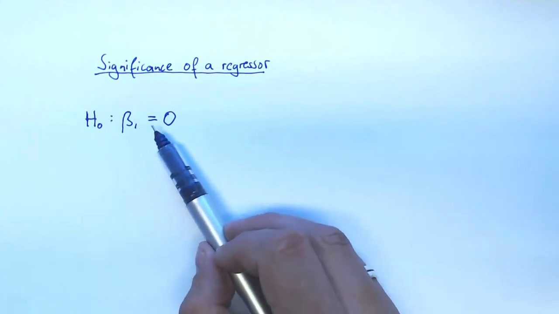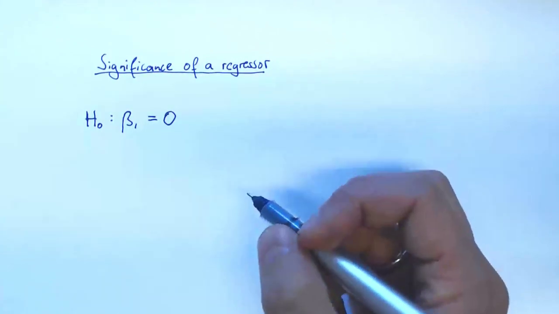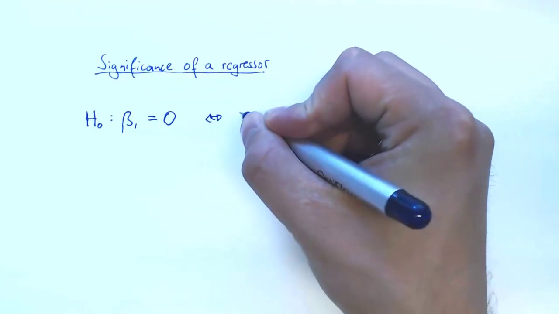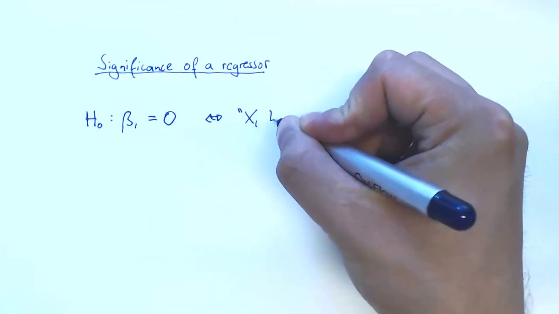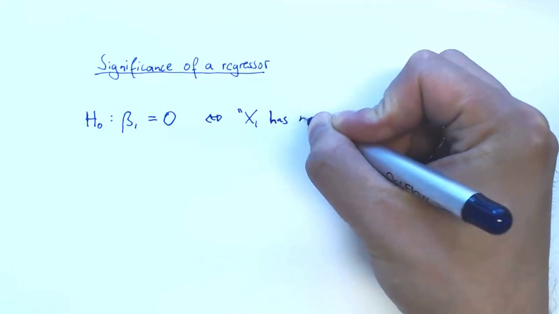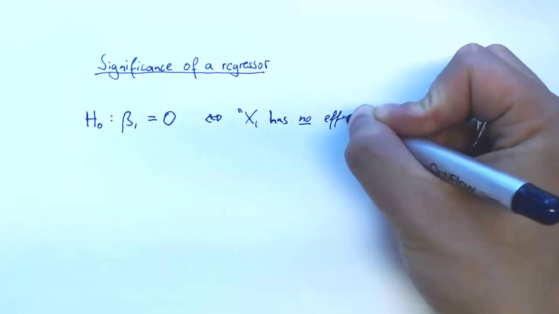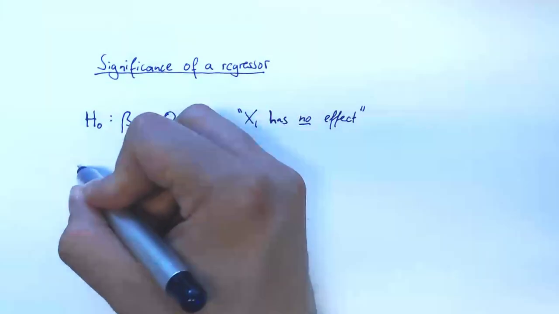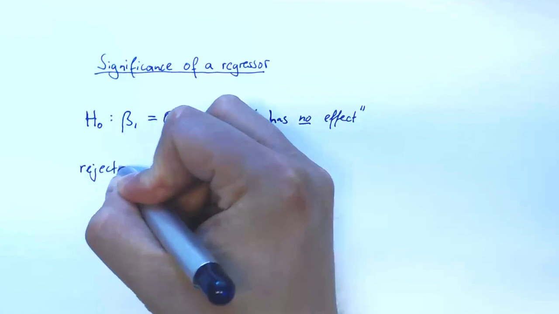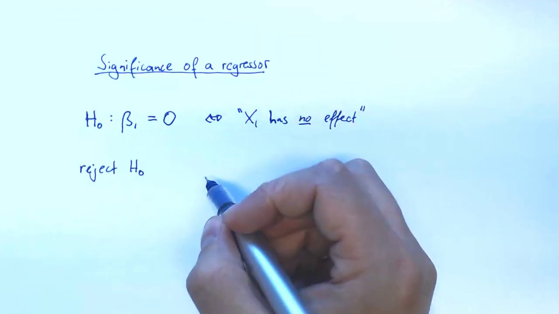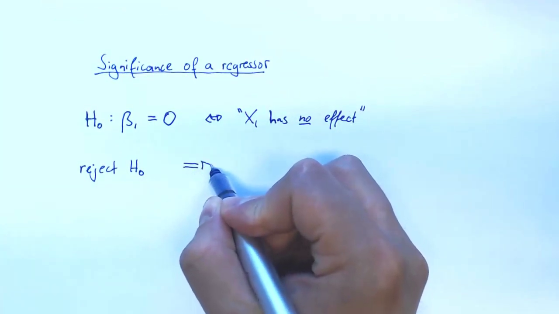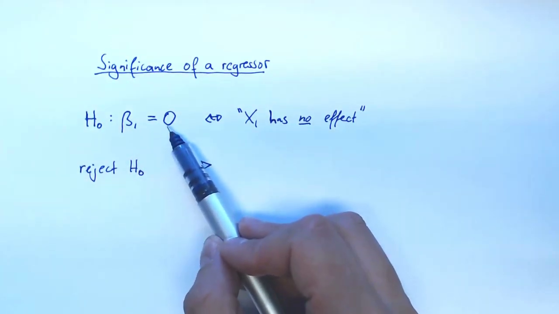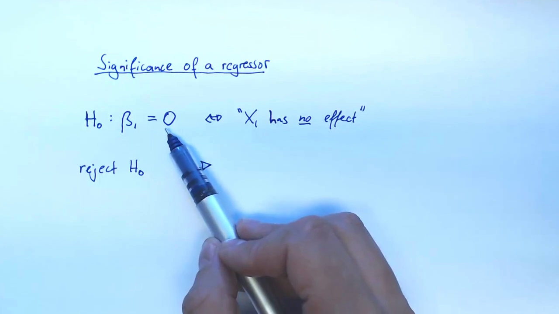So if we say beta 1 is equal to 0, this is equivalent to saying that x1 has no effect. Suppose that we reject the null. Then we stop believing that there's no effect, and we will believe that there is an effect.